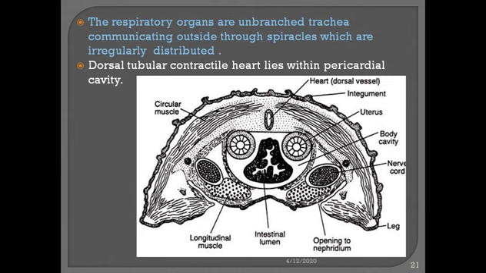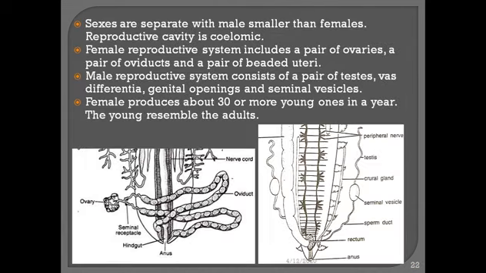Coming to the sexes, in peripatus we can see that there are separate distinct male and female individuals that are characteristically identified from outside itself, in that a male is smaller than the female.